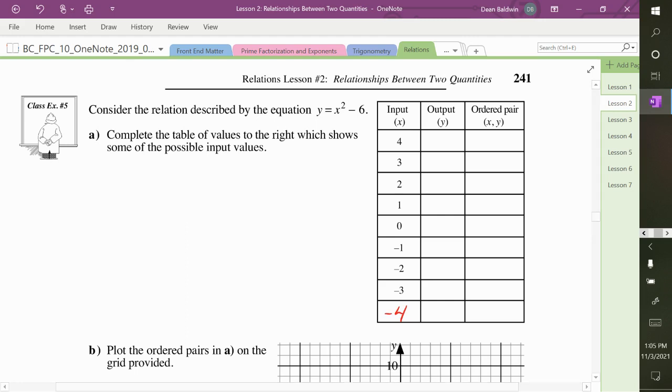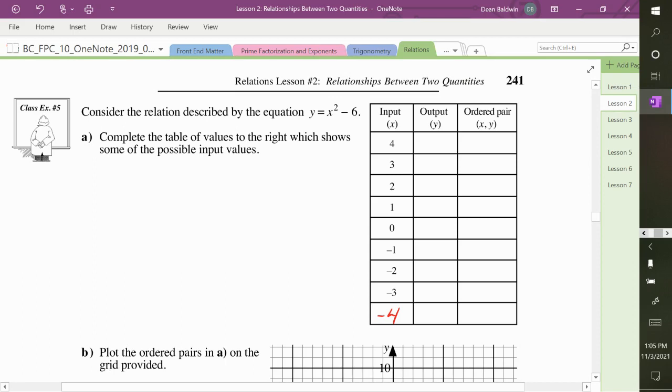Okay, so we'll do the first one together because this one has a slight trick to it. It's a little different. When I put x is equal to 4 into here, it looks like that, correct? It's the 4 being squared. Now this is very, very, very important. To some of you, you're going to roll your eyes, but I've had grade 12s that'll mess this up, okay?